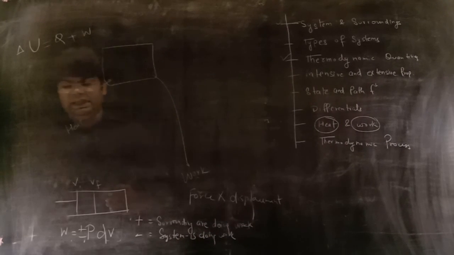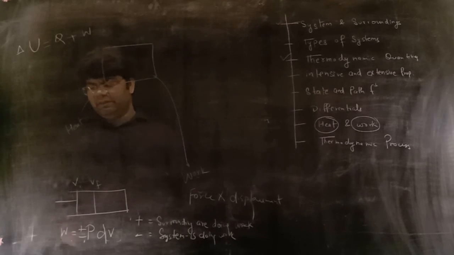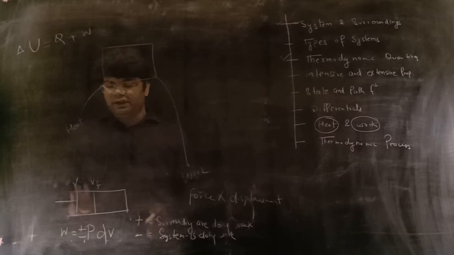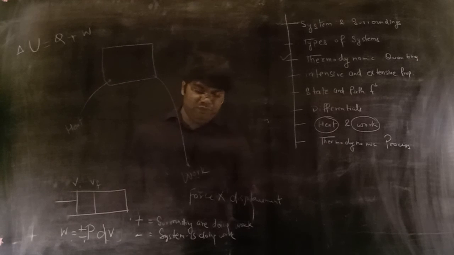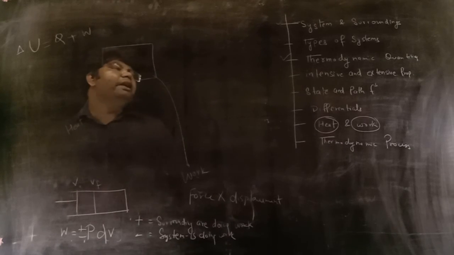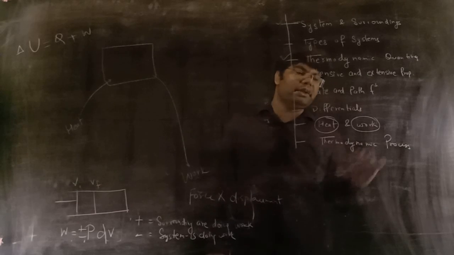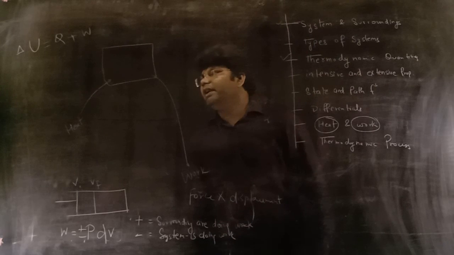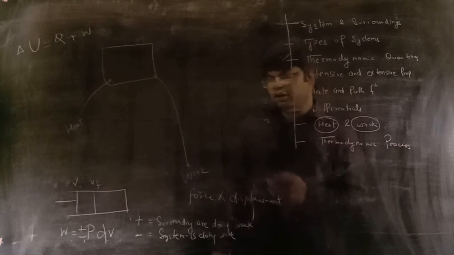Simply, in expansion the system is doing work, so this sign will be negative. In compression the surroundings are doing work, so this sign is positive. So this is the concept of heat and work. Now we have completed our first part. In the next part we will see the first law of thermodynamics.